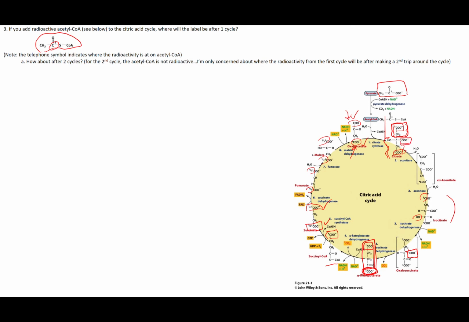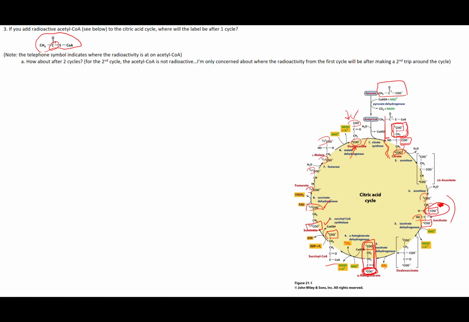If we continue tracking this, in the second cycle, our label is half here, half here.